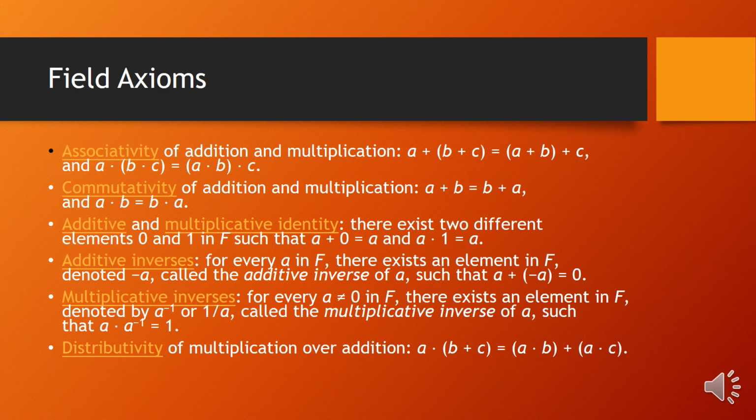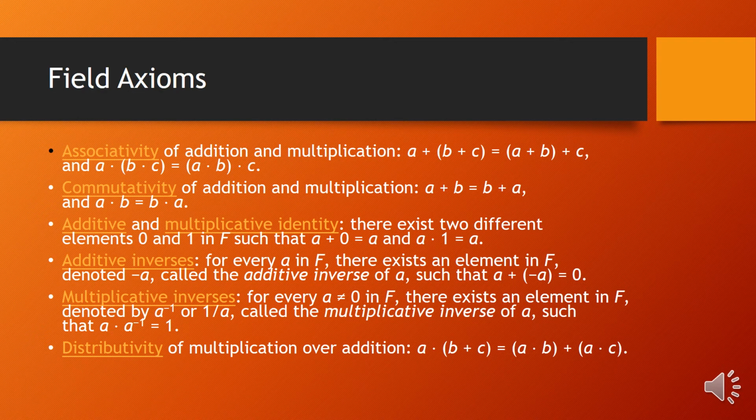For the multiplicative inverses, for every a not equal to 0 in F, there exists an element in F denoted by a^-1 or 1/a. That is for the law of negative exponent, for the fraction.